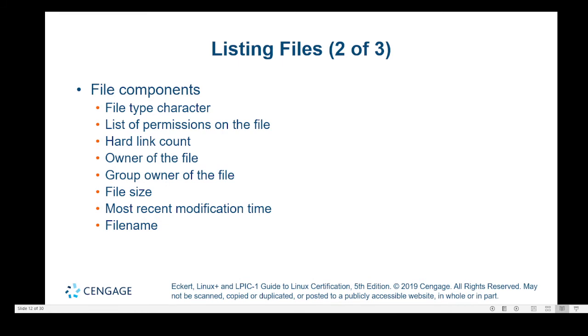Okay, so again we'll do ls -al. We can see the symbolic links, we can see the directories, and they show up as D. The other bits there on the file are the permissions. So you have the ability to read, write, and execute files.